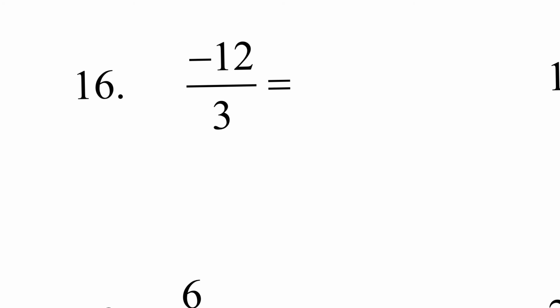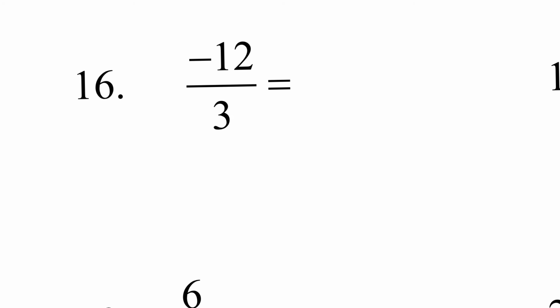Now this one here, negative 12 divided by 3. Notice how many negatives we have in that fraction. There's only one negative on the top. Only one. So when you have odd number of negatives, one is odd, then the answer will be negative. One more time. The top number is negative, but the bottom number is positive, so you only have one negative. So a negative divided by a positive, they have different signs.